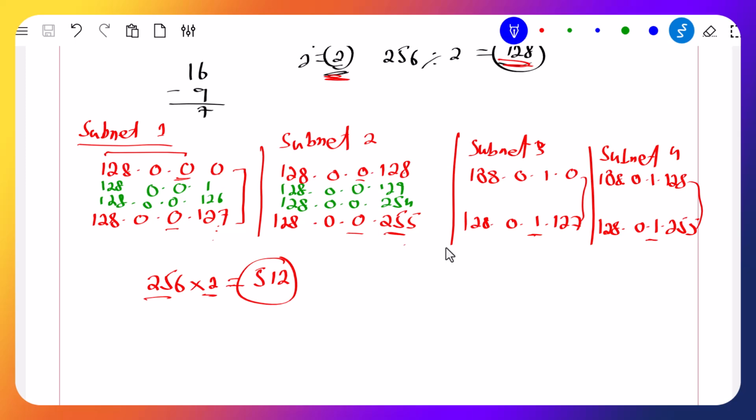In the next lecture I will do class C CIDR subnetting, and after that, remember, we are still at the fundamental level. What we are discussing is all fundamentals, because in our next videos we will go for practical subnetting, meaning requirements-based subnetting, and these fundamentals will help you over there. When you are working in an ISP, or in any organization as a subnet designer, the things will be different.